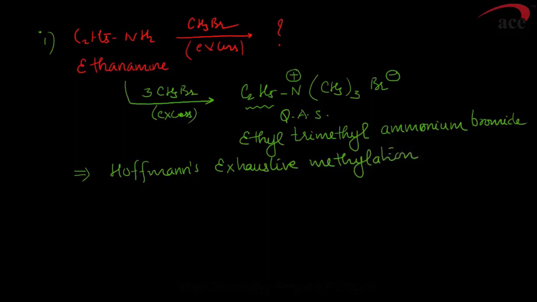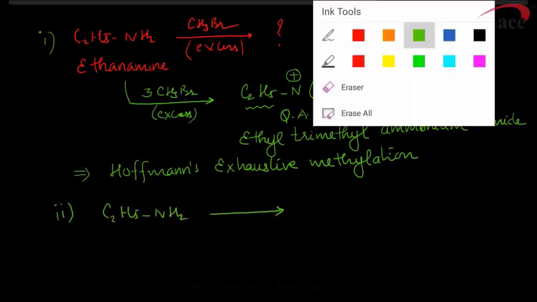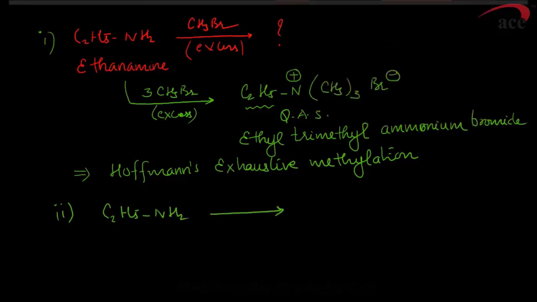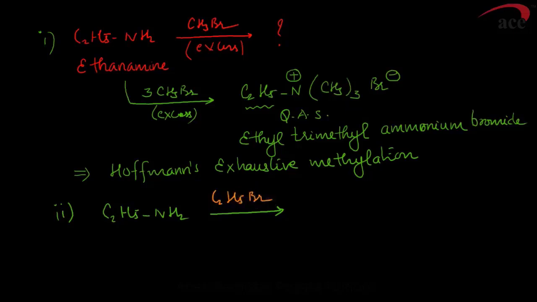Now in the second example, if they ask you about C2H5NH2, ethanamine, treated with excess of C2H5Br, again we know that ethylamine is a primary amine.